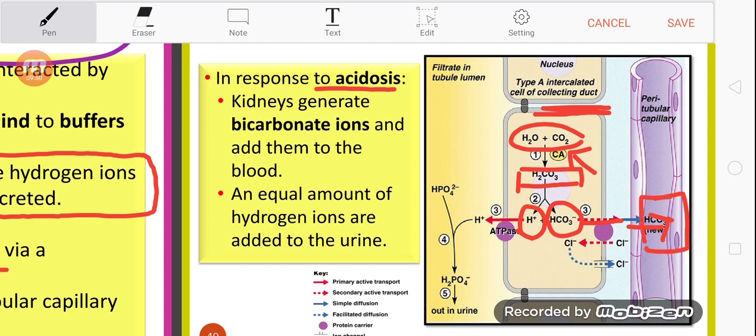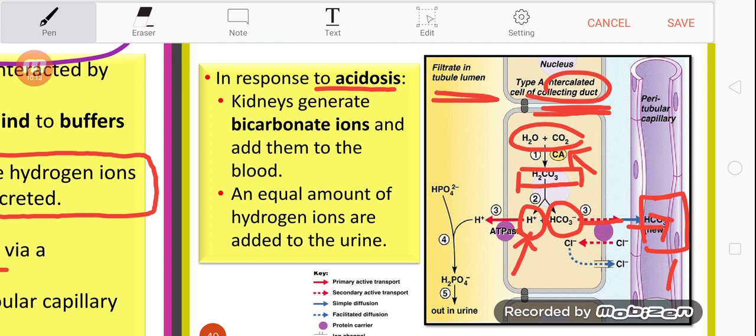This new bicarbonate ion will be used as a buffer to maintain acid-base balance, the first line of defense, the buffer system. Okay, what happened to the H plus? H plus will be actively transported into the lumen. This is the collecting duct region.